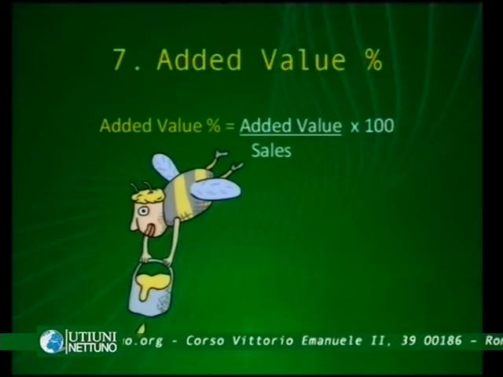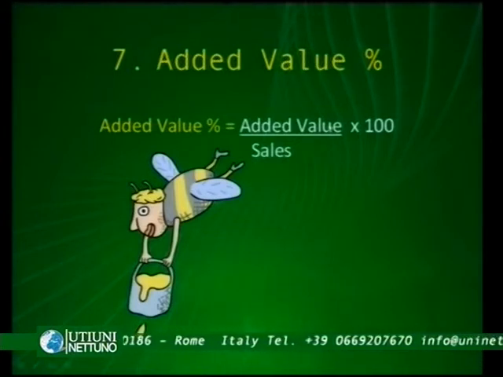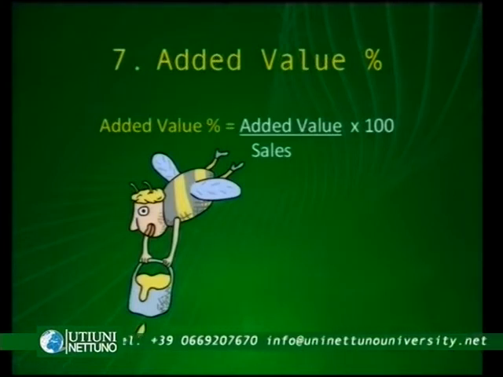Added value. This is a very important component of efficiency, in looking at efficiency. The ratio is made up of added value, which is your sales minus your raw material costs. That's what's called added value.